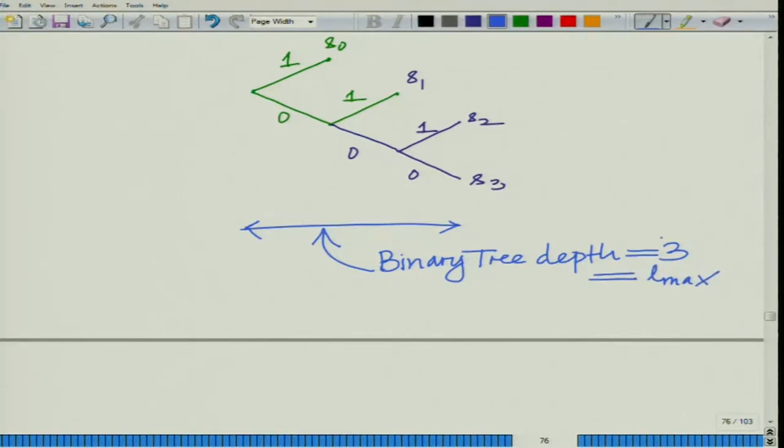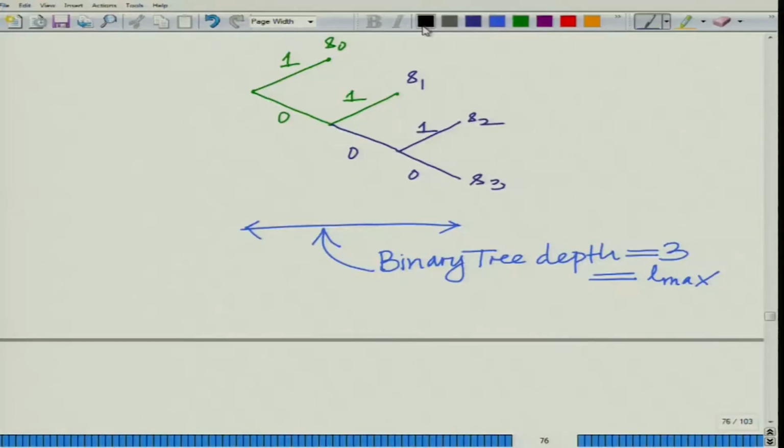L max is the length. So, here you can see L max equal to 3, that is you have a code word with 3 bits, that is the maximum number of bits in a code word is 3. So, the maximum length of the code word is 3, and you can see that the depth of the binary tree is also 3, that is the number of levels in the binary tree used for representing the code.